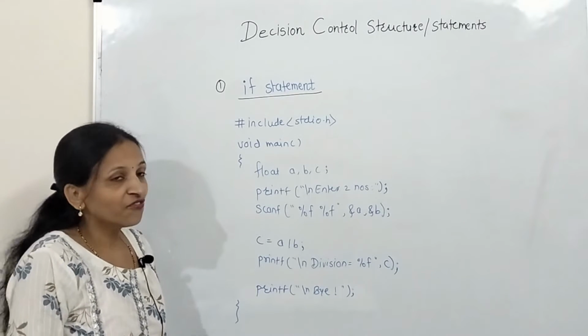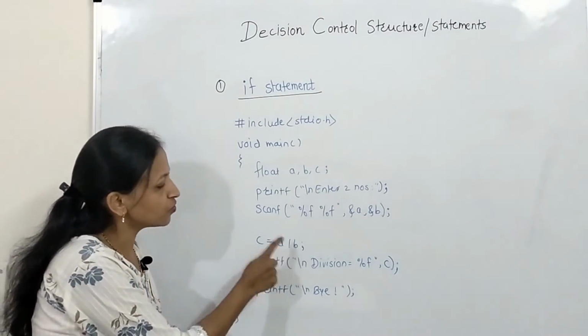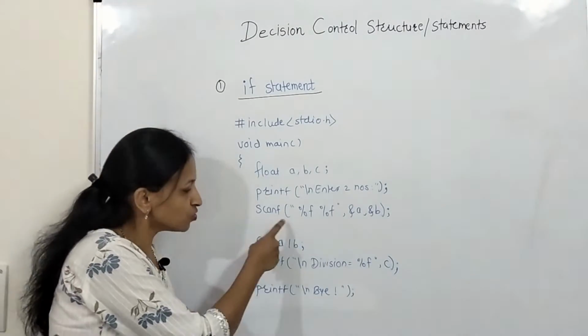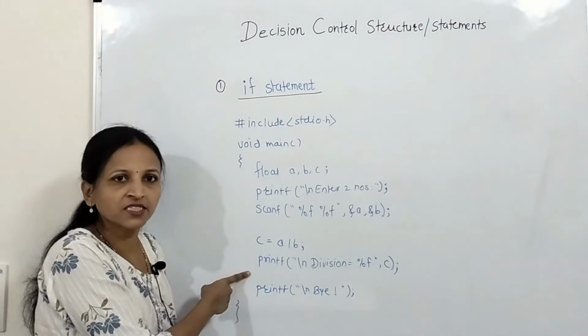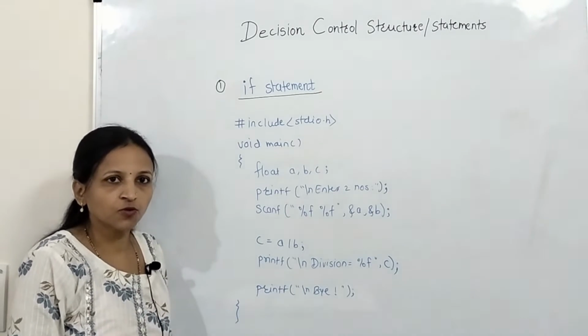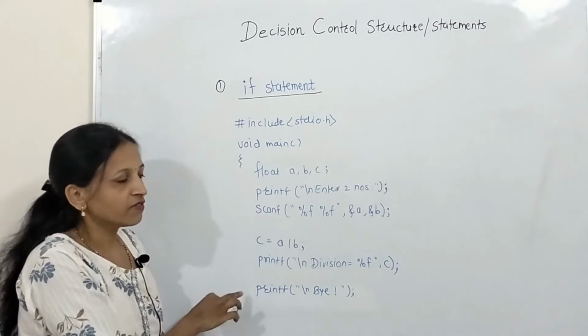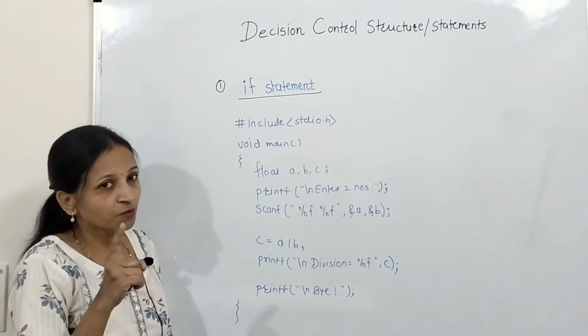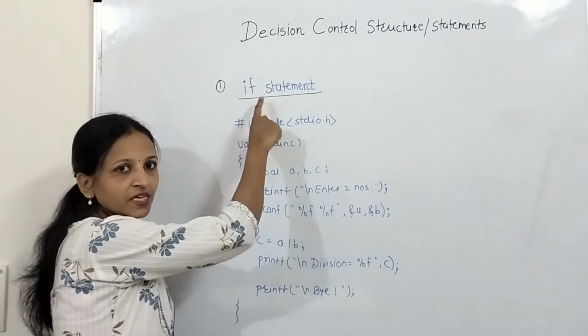And here we have to think about that, and we have to control this. It means if b is not equal to 0, then only execute these two statements, otherwise don't execute. Suppose I want to do this inside our program, then it is possible with the help of the if statement. How?